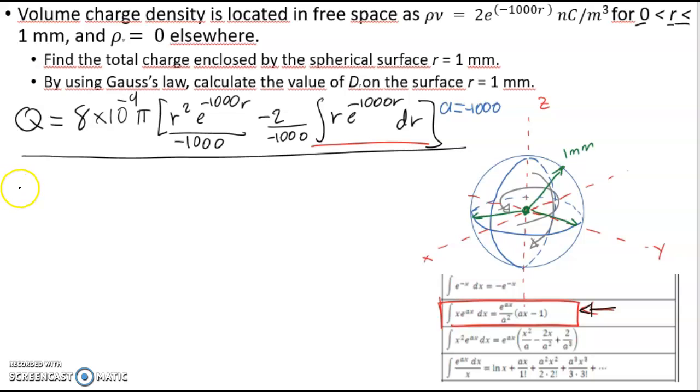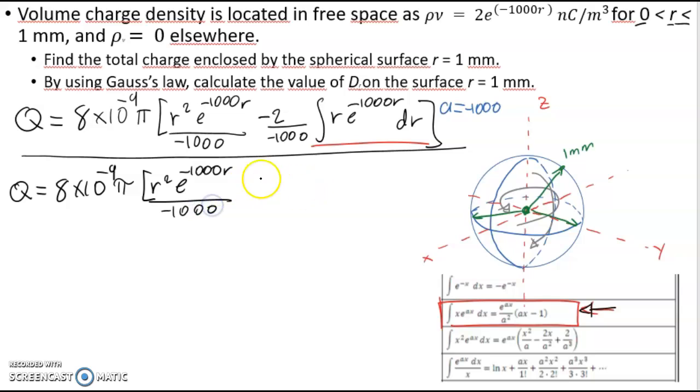So at the end, we will have q equals 8 times 10 to the minus 9 pi times radius squared e to the minus 1000 radius over minus 1000, minus, because minus and minus is plus, 2 over 1000 times the result for that.